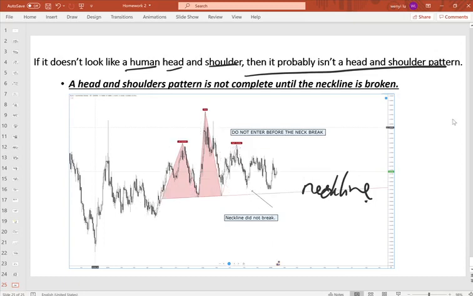Our head and shoulders pattern is not complete until the neckline is broken. If it does not break the supporting line, then our trend will not go toward the downside. Be careful, you must be very careful.